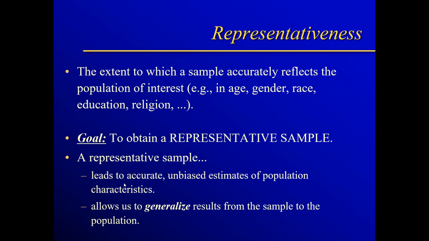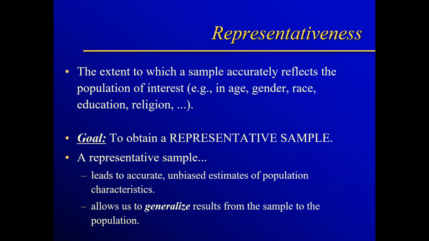So let me break down these two bullet points underneath the representative sample. This first one: before we even analyze our data, we collect our 100 participants, and let's say we have a good representative sample. We took all the steps, and we'll talk about later today how to get a good representative sample.